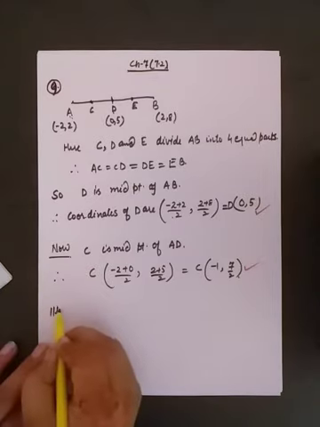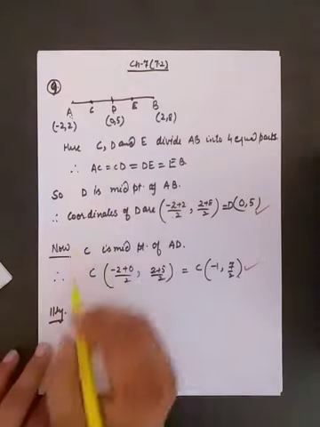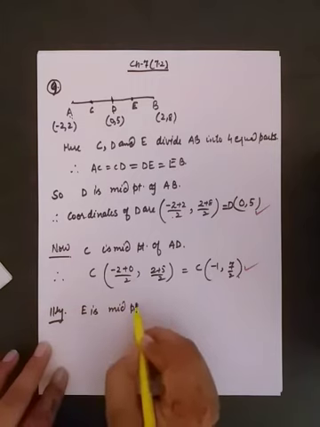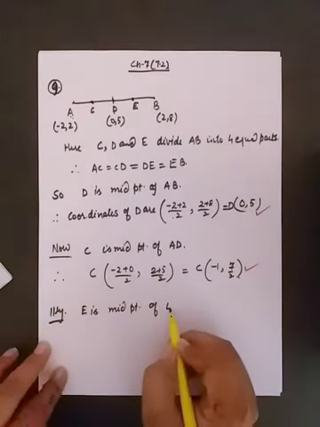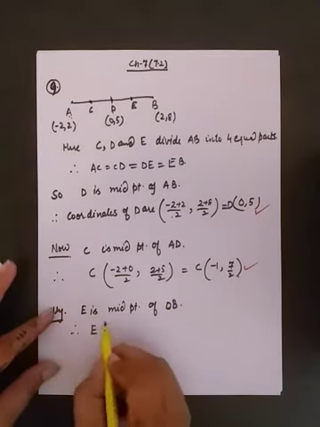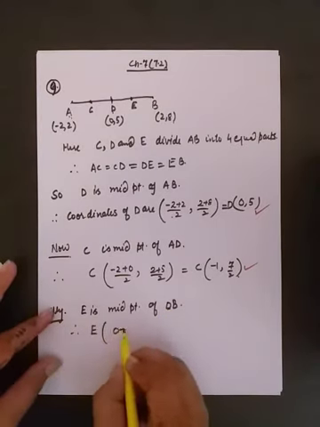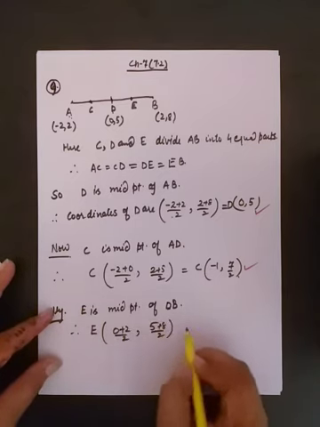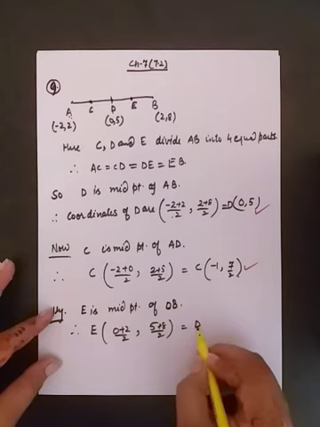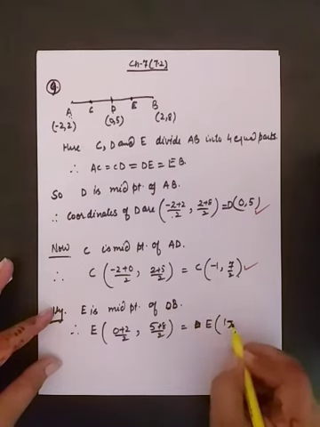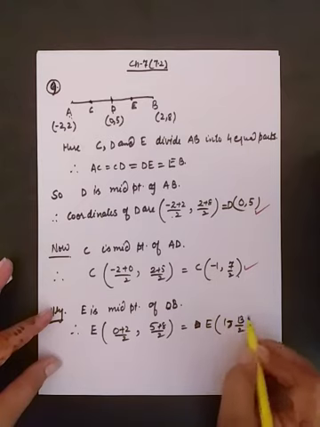Similarly, you can see in the figure E is the midpoint of DB. So E will be ((0 + 2)/2, (5 + 8)/2) and it will be (1, 13/2).